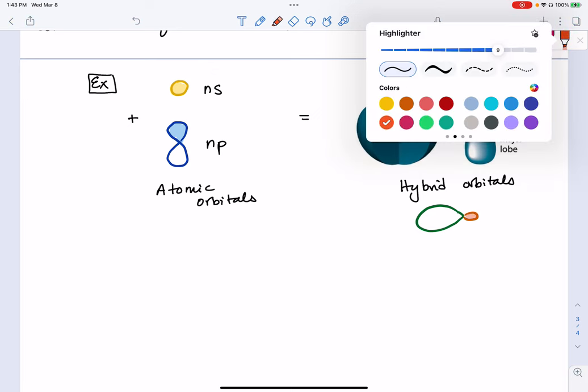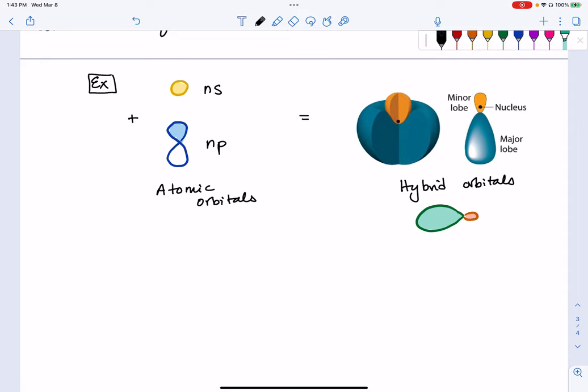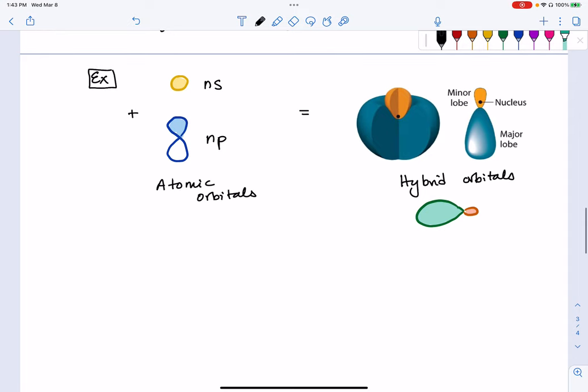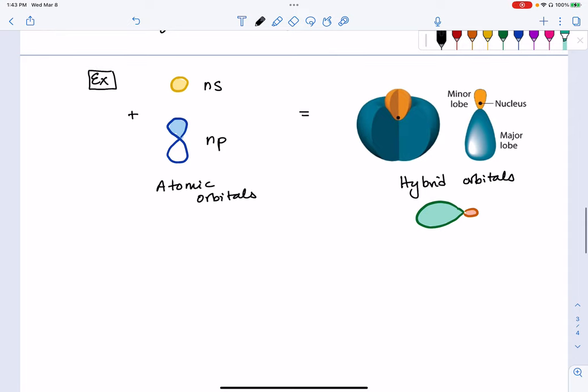That is my hybrid, so this is how I'm going to draw them. All right, so these are the hybrid orbitals. In the hybrid orbitals, as you can see here, the nucleus is within the minor lobe, meaning that the major lobe is what contains our electrons, typically.